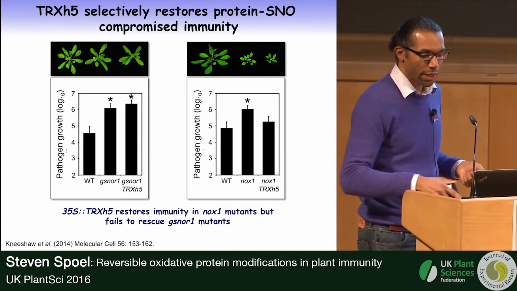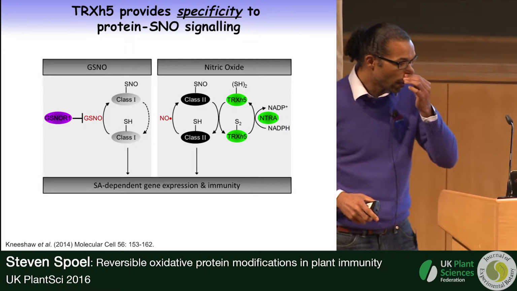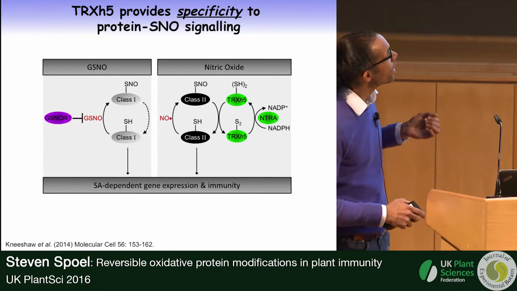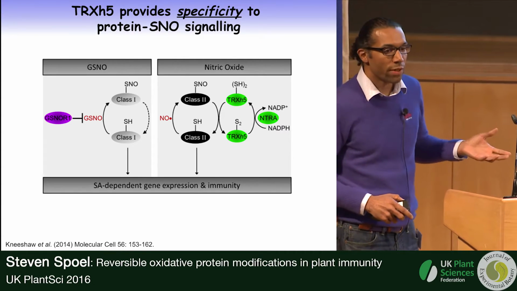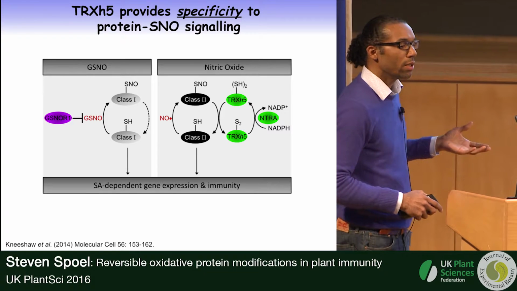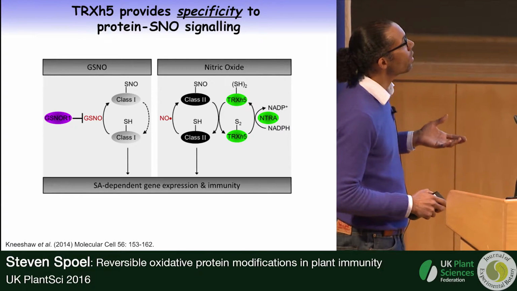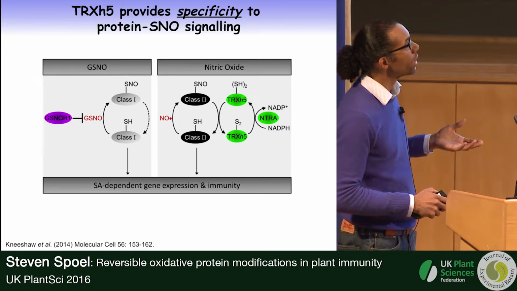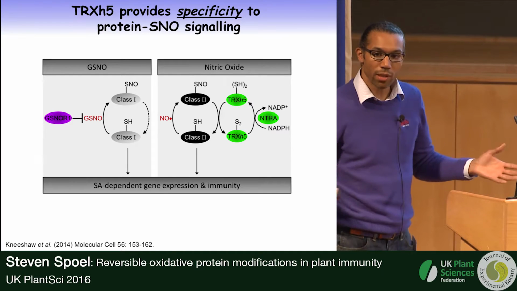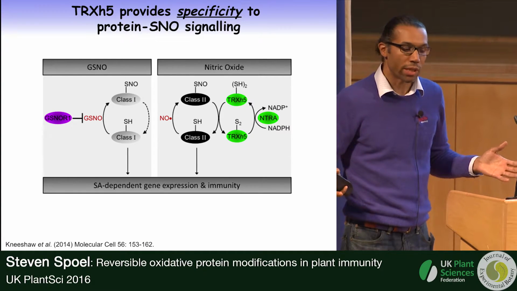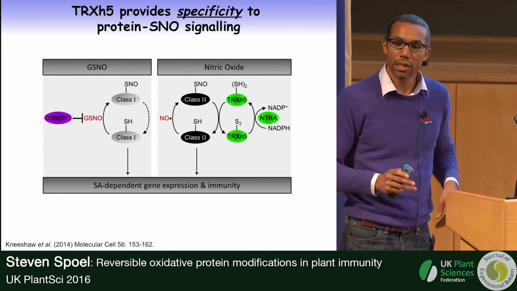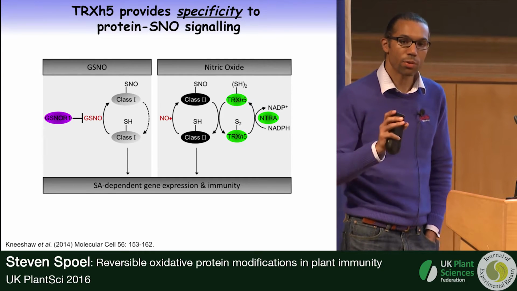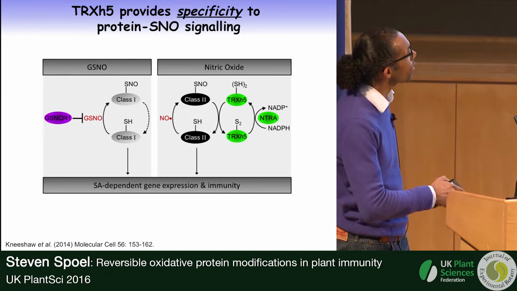And so, making a long story short, what we managed to show is that in addition to providing reversibility, these thioredoxins probably provide a lot of specificity to signaling, because they don't target just any oxidized protein, and in this case, not just any S-nitrosylated proteins. They target specific classes of S-nitrosylated proteins.